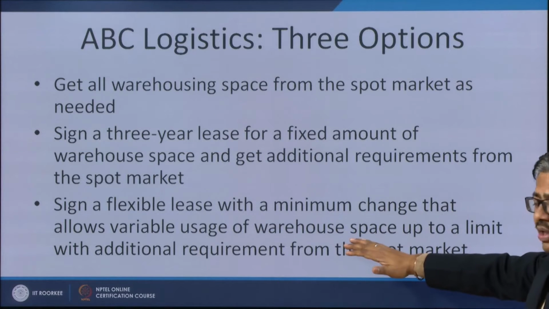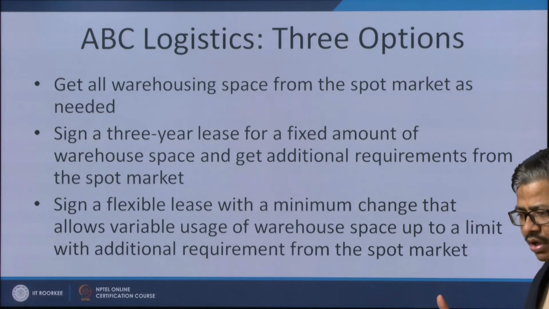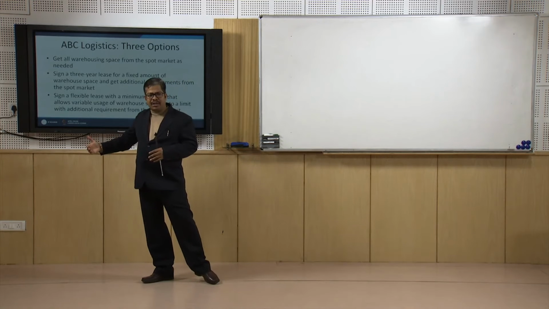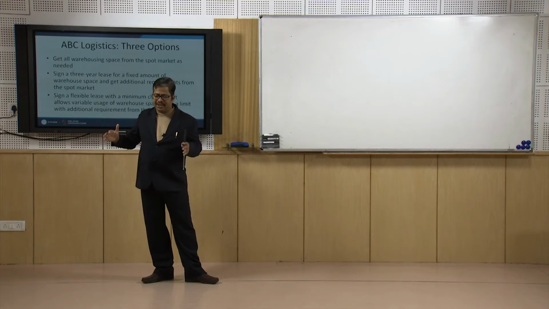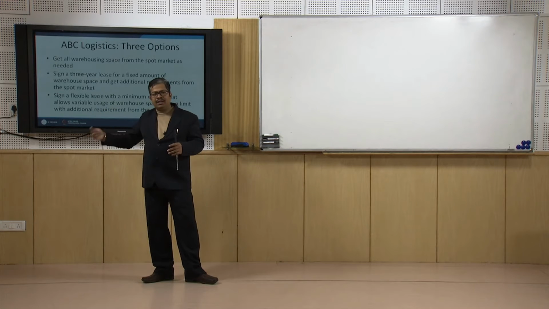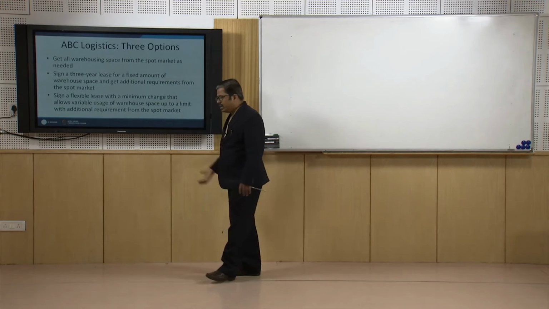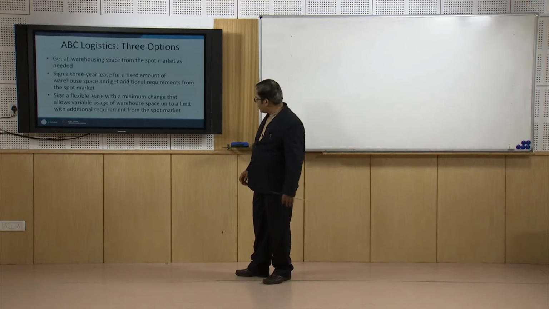You can have this kind of flexible arrangement, where for some space, maybe for 60 square feet, you have this rate of use, and beyond that you have some other rate of use, and then there is an upper limit of the availability of the space in this agreement. And even if you go beyond that, if demand increases beyond that, the additional requirement can be fulfilled from the spot market. So, it takes the case of both spot as well as your lease agreement.